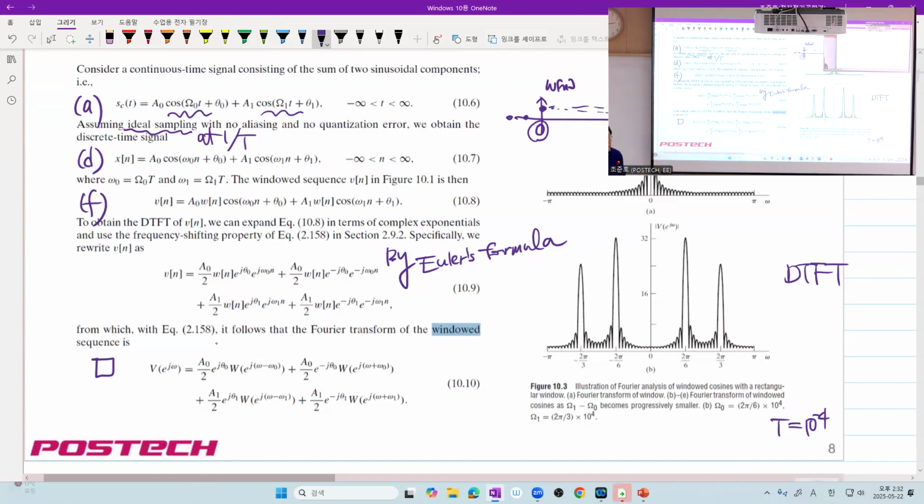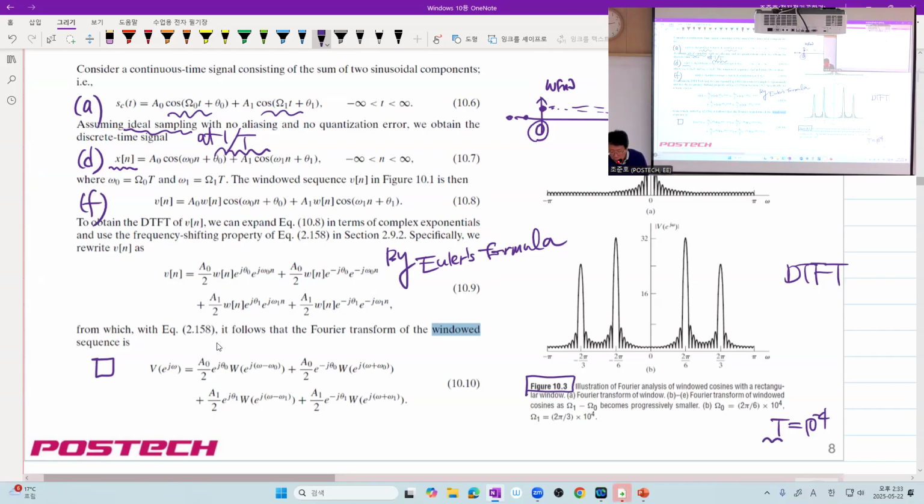And now this is uniformly sampled to generate this signal. So we are not having any anti-aliasing filter because this is already band limited. But in order to have no aliasing, we choose the sampling rate greater than twice of these values.